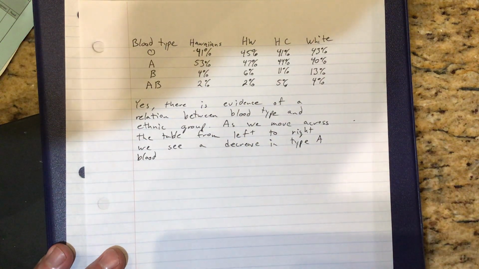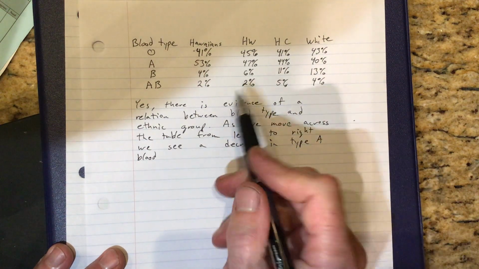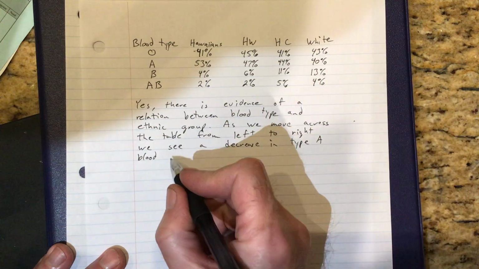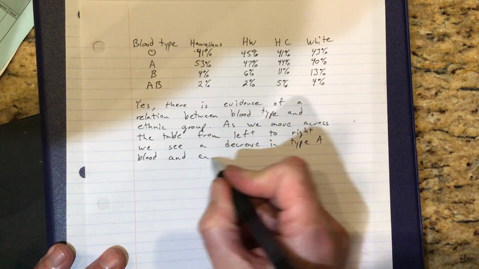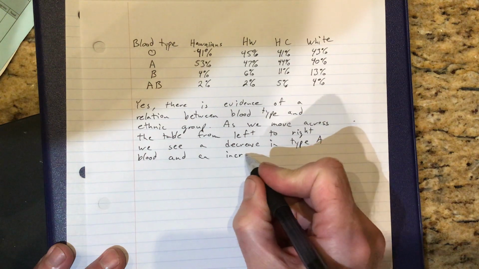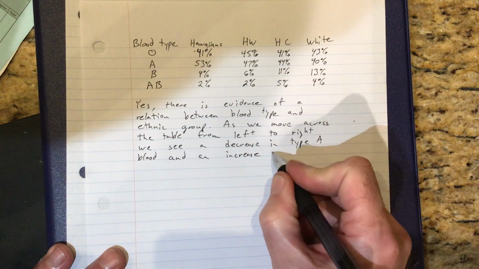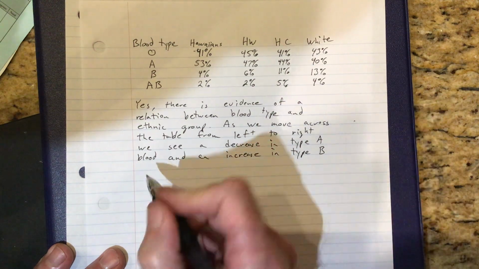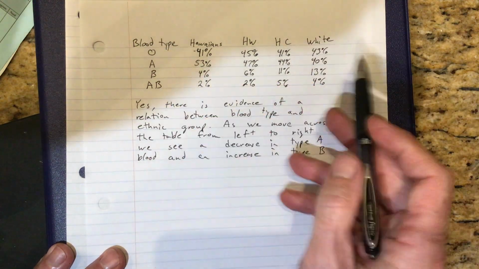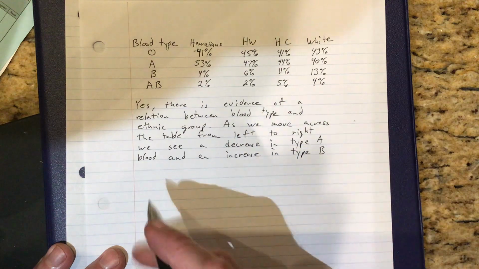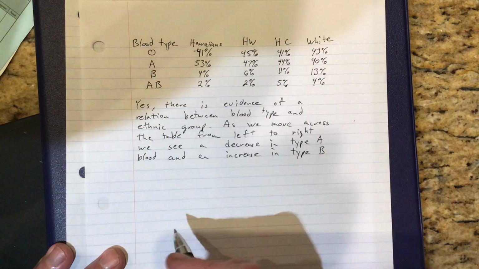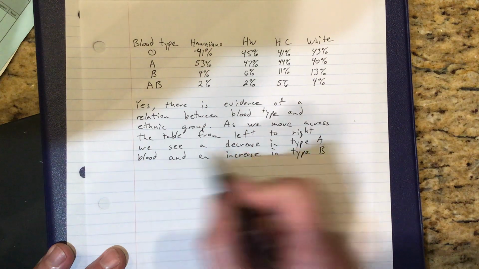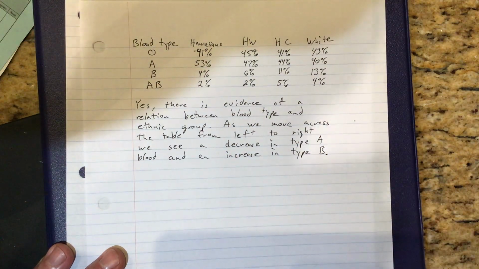Okay, and we can go into more detail and talk about, we see an increase in type B. And we can talk about A, B, we can talk about O. There are differences, but those two are real easy to point out. So I'll leave it at that.